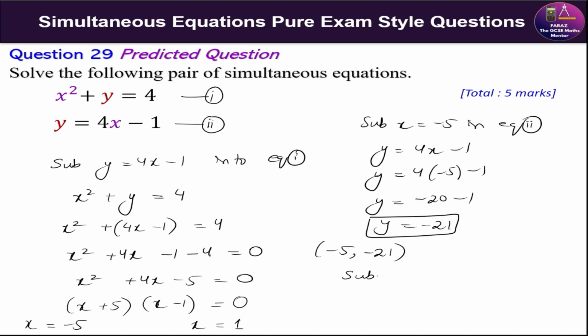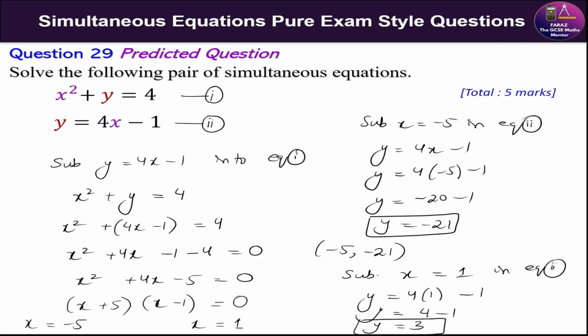Then substitute x equals 1 in equation number 2 to find the corresponding value. So y equals 4 times 1 minus 1, 4 minus 1, and that would give you 3. So at x equals 1, we get y as 3.